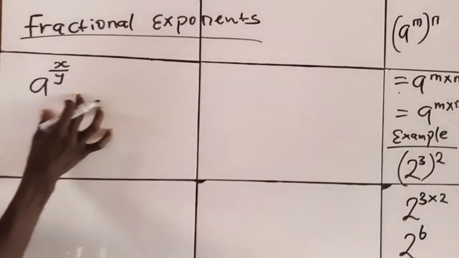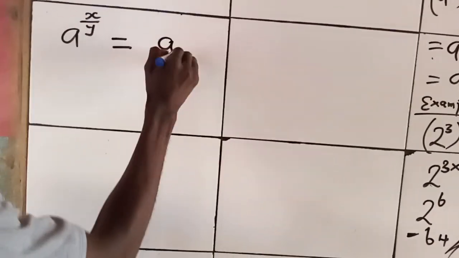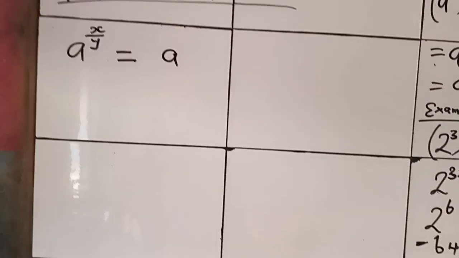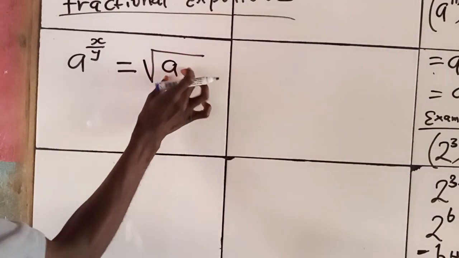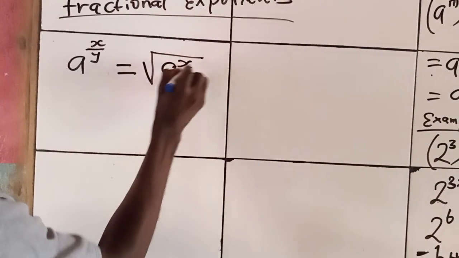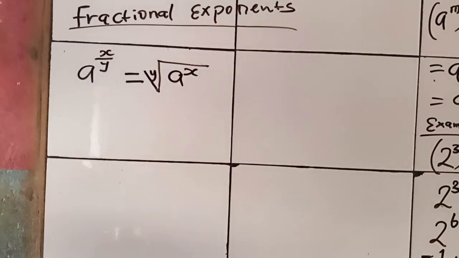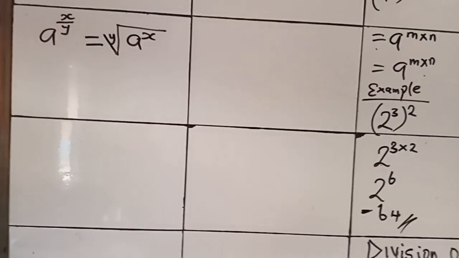So if you have a case like this, what you will do is you write the base, which is the a, then you take the y-th root of it. The a will be raised to the power of x, while you have your y here. So this is how to solve a case like this.